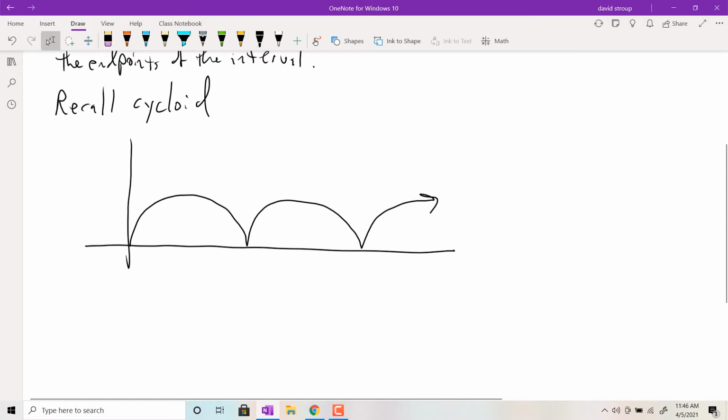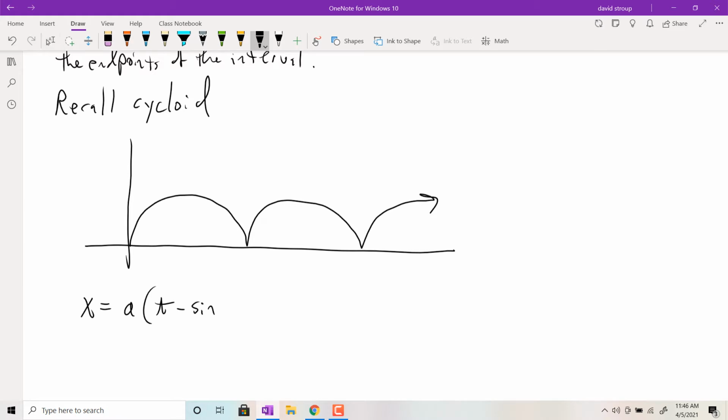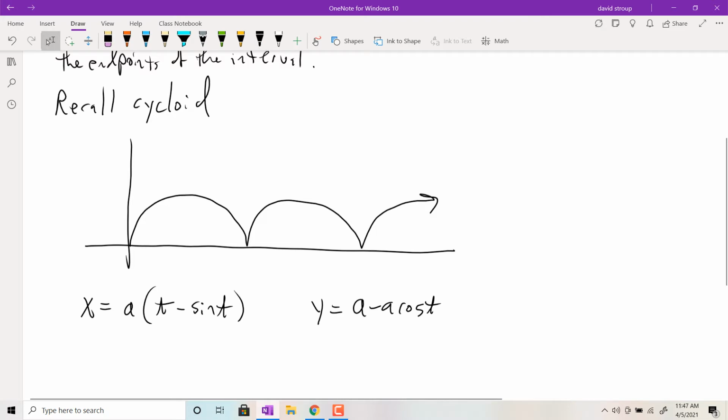And our functions, we used a parameter theta, but for the sake of consistency let's use t, like with the definition. x equals a times t minus sine t, y equals a minus a cosine t. We wanted to know where the cycloid is smooth, basically.